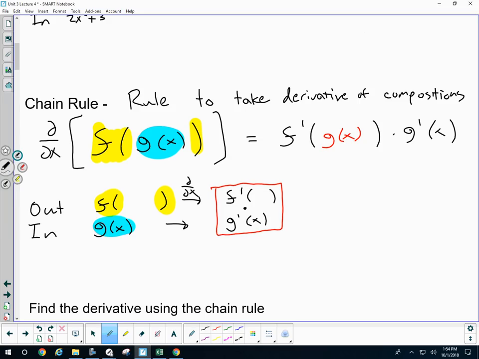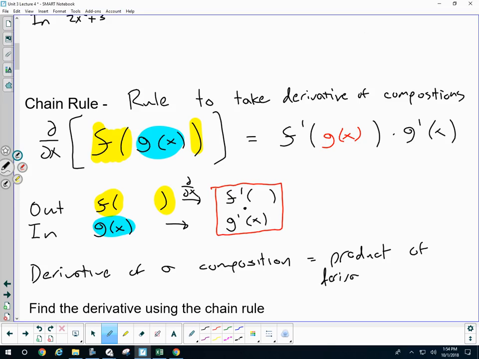Okay? So derivative of a composition is equal to the product of the derivative of the composed functions.